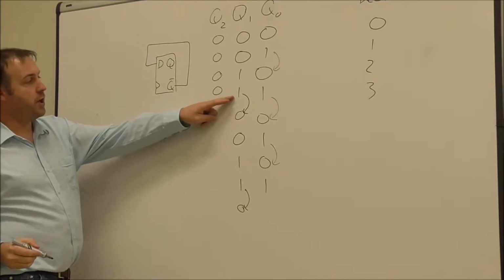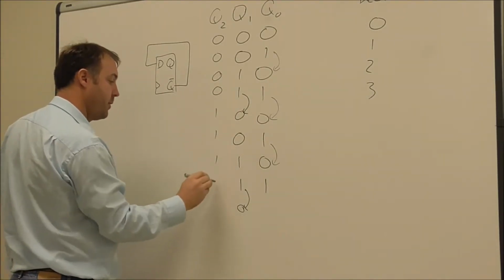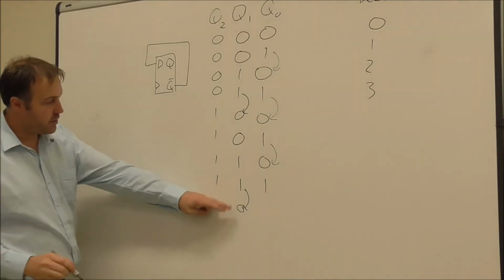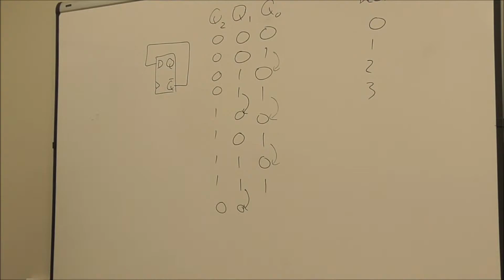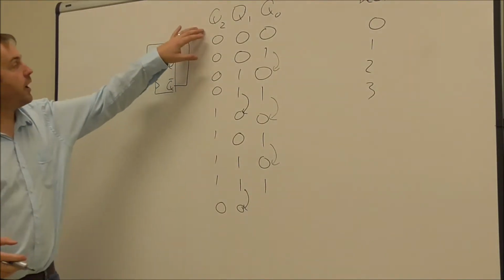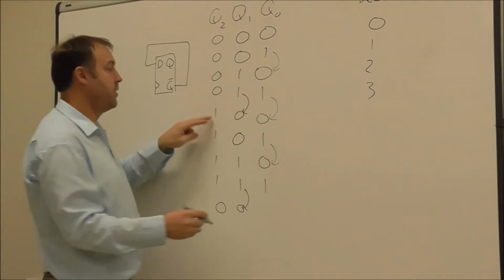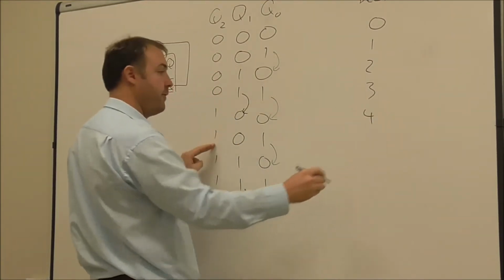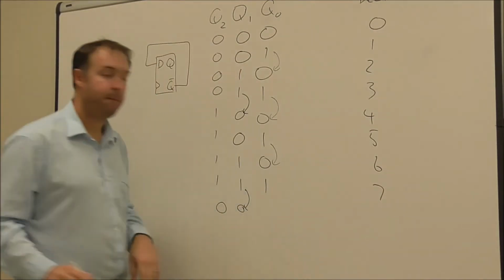This is where it sees a change from 1 to 0, so that's when it changes. 1 to 0 again, now it changes again. Okay? And so if I had a 3-bit binary number, I could actually count up to, in this case, 4, 5, 6, 7.